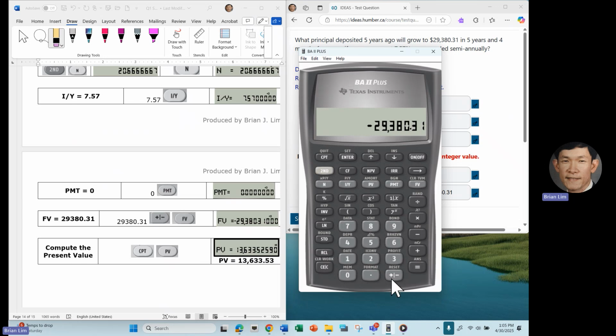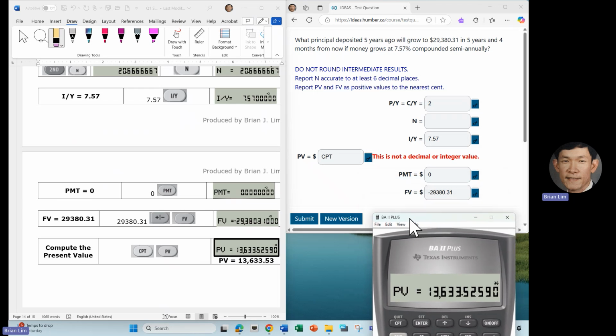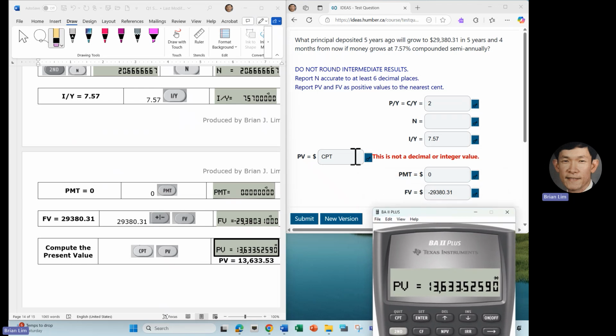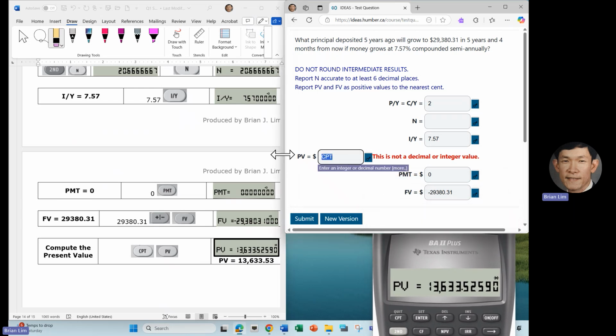And we can put it in as negative if we want a positive present value. Now we go and compute the present value, CPT, present value, and the answer is $13,633.53.